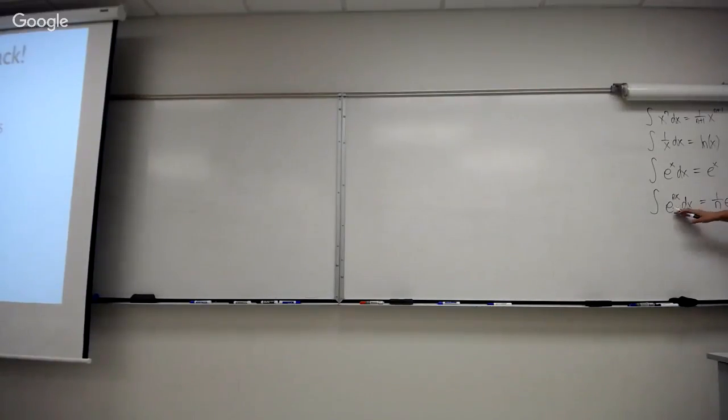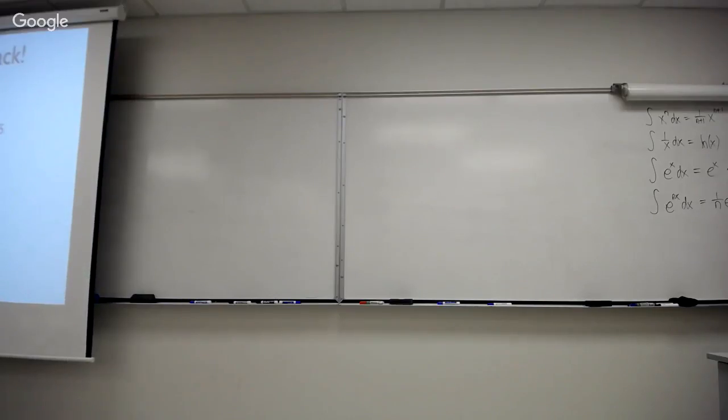And you'll notice this is actually the general formula for this one. Because what happens if n equals 1? Then 1 over 1 is just 1, and that's just e to the x. So really, this is just a special case of the general rule that we derived at the end of last class. Okay, so that's what we have so far.